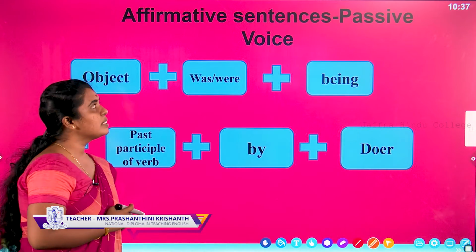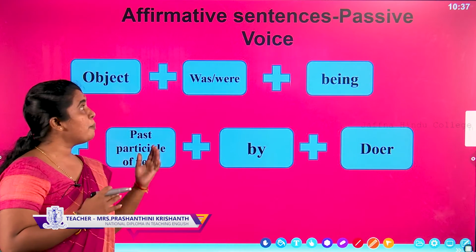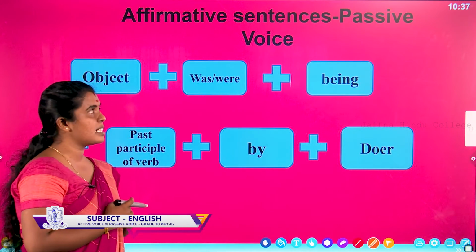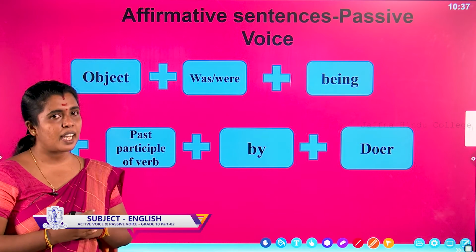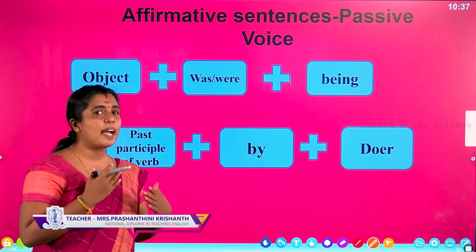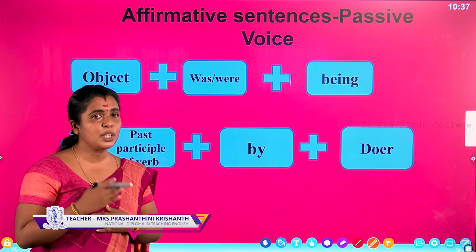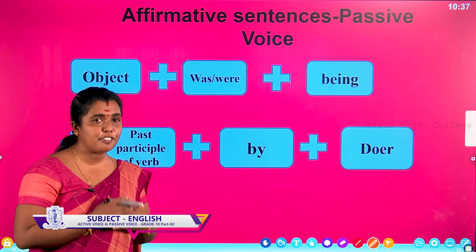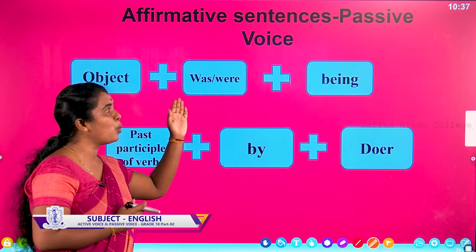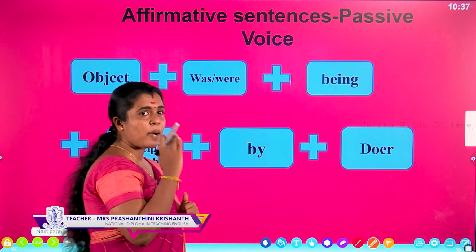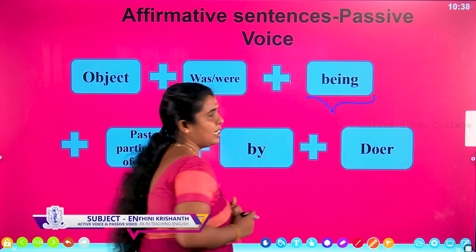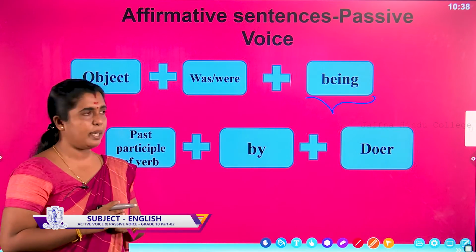Right. Now the next one, affirmative sentences, past continuous tense, affirmative sentences, passive voice. Right? So earlier we learnt active voice, now the passive voice. So passive voice, you know, we have to take the object first. After that, the suitable helping verb was or were. Now this is past continuous form. So we have to add being, B-E-I-N-G, being.